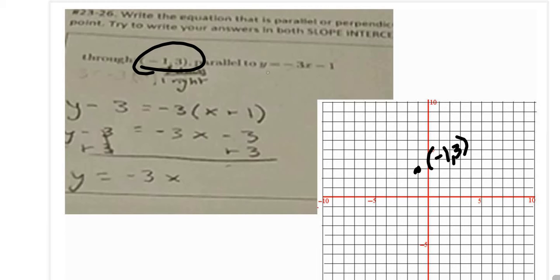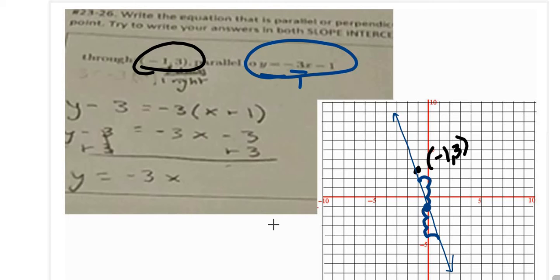We want it to be parallel to this line. So let's just graph that line, where it's going to be at -1, and then our slope is -3 over 1, so we're going to go down 3 over 1, up 3 over 1, so here we are, and the line's going to be right here, going through that point.